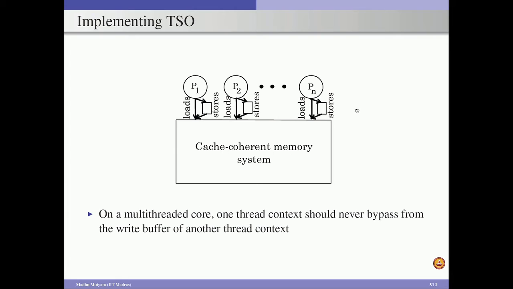So, effectively, whenever we issue a fence instruction or whenever there is a thread context switch, we have to ensure that we drain the store buffer. Otherwise the subsequent thread may read values from the store buffer, and that may be wrong. In other words, one thread context should never bypass from the write buffer of another thread context.